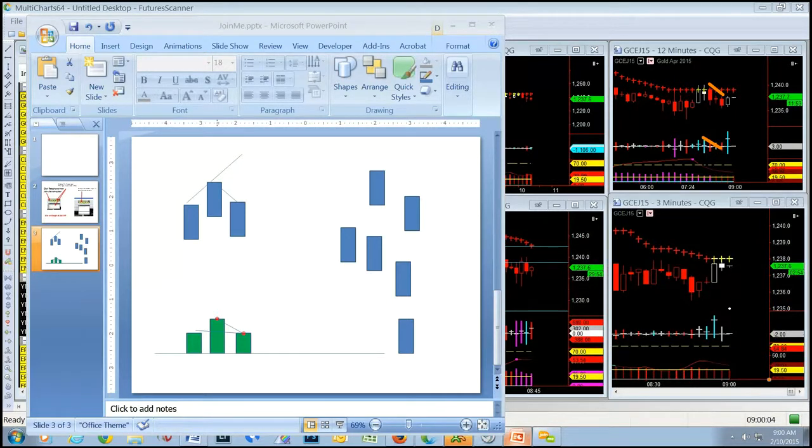Is that divergence? And this is the biggest mistake that I see y'all make. Are they going in the same direction? Yeah. Is it divergence? No. Understand?